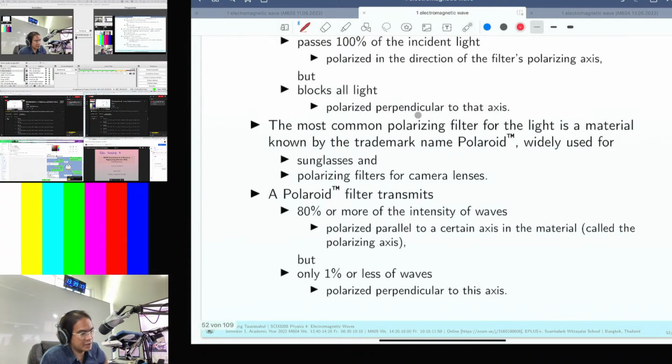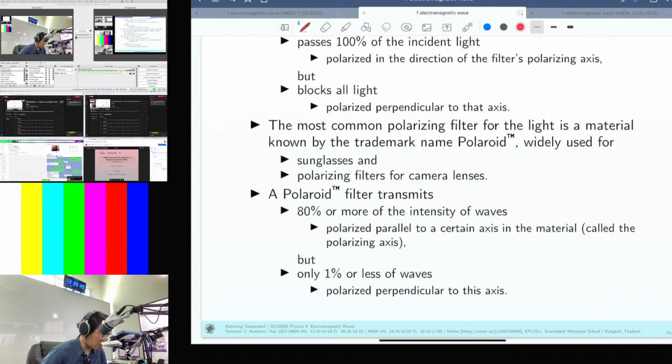The most common polarizing filter for light is a material that is known by the trademark Polaroid. I don't know whether you have seen this one or not, but once we complete a little bit of the first chapter, I will ask your co-teacher so that we can have a chance to go to the physics laboratory at the school, so that you have a chance to make some experiments.